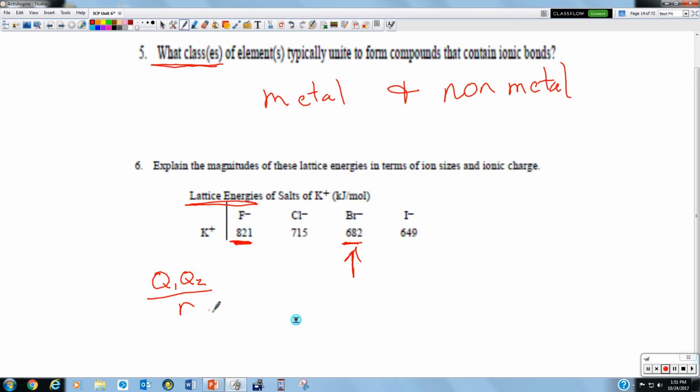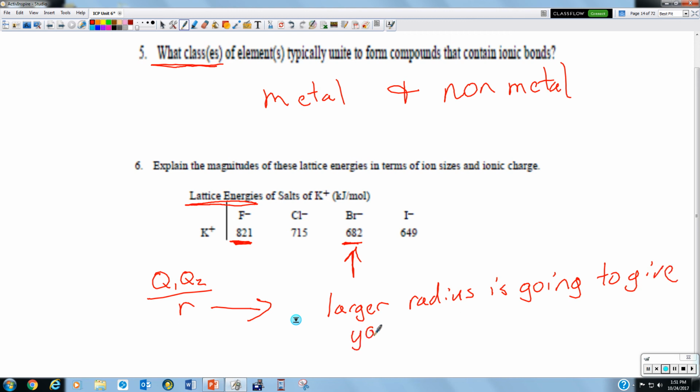So on this one, remember, the larger radius is going to give you smaller lattice energy.